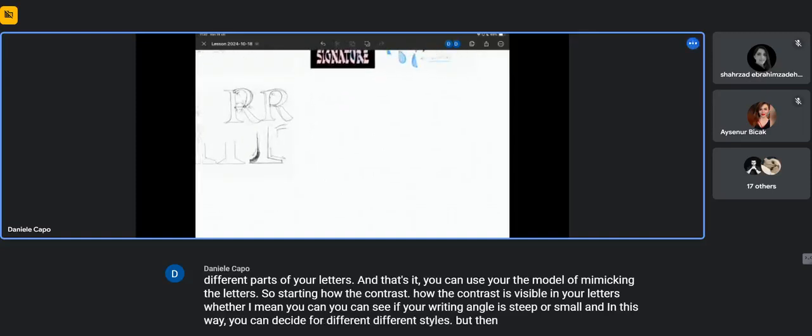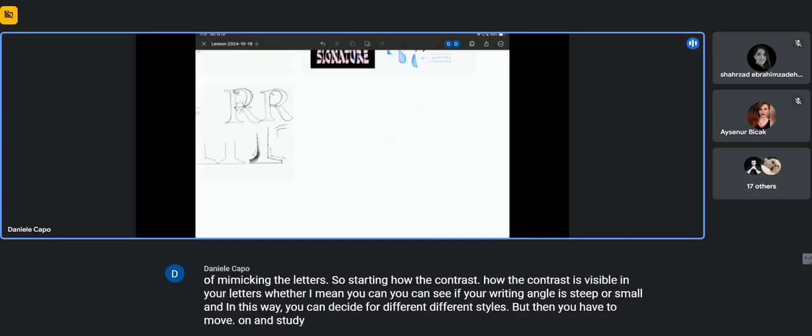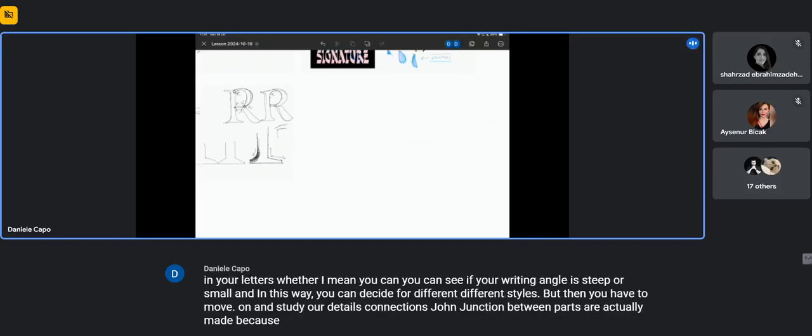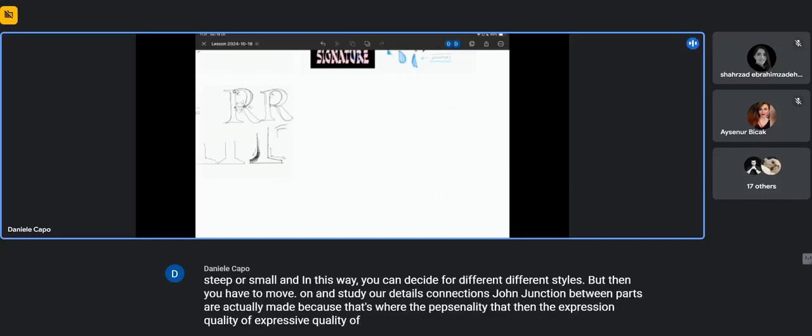But then you have to move on and study how details, connections, and junctions between parts are actually made, because that's where the personality and the expressive quality of typefaces are.